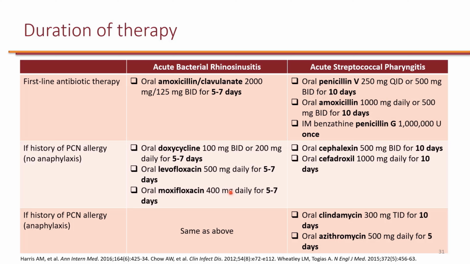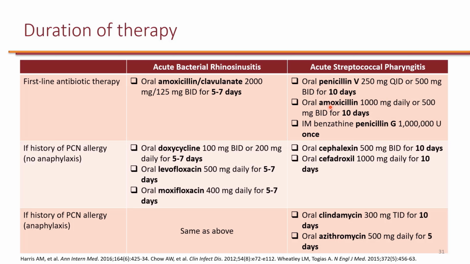Now, for therapy of acute streptococcal pharyngitis, you can choose penicillin. Penicillin would be the narrowest option. Unfortunately, adherence could be an issue with oral penicillin because it's typically given 4 times a day at the lower dose, or you can do a higher 500 milligram dose and give it twice a day to improve adherence, and this will be for 10 days.